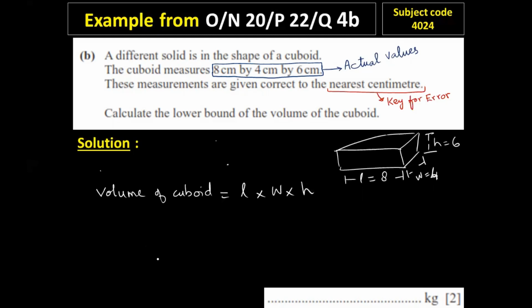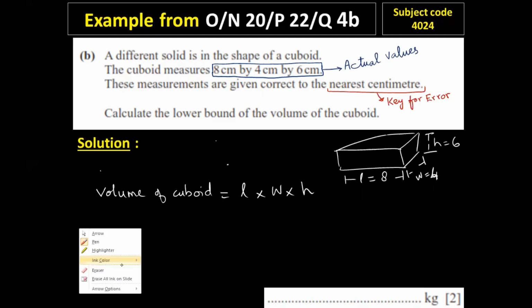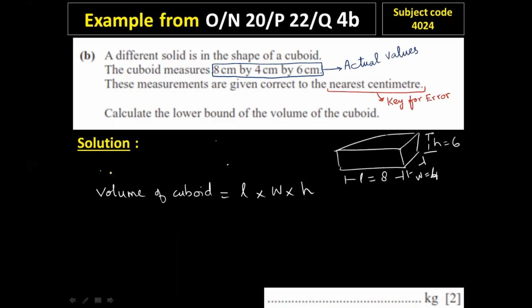But we have to find the lower bound of the volume of cuboid. So for the lower bound of the volume of cuboid, you should have the lower bound of all the measurements.